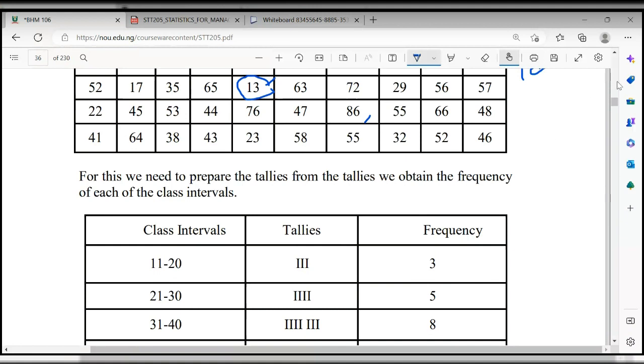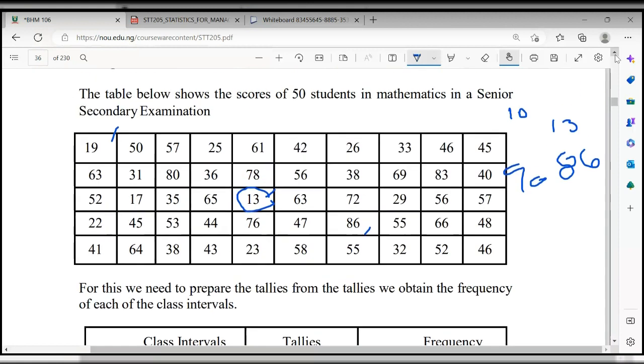So the other one is 21 to 30. Begin to check. I can see 25.